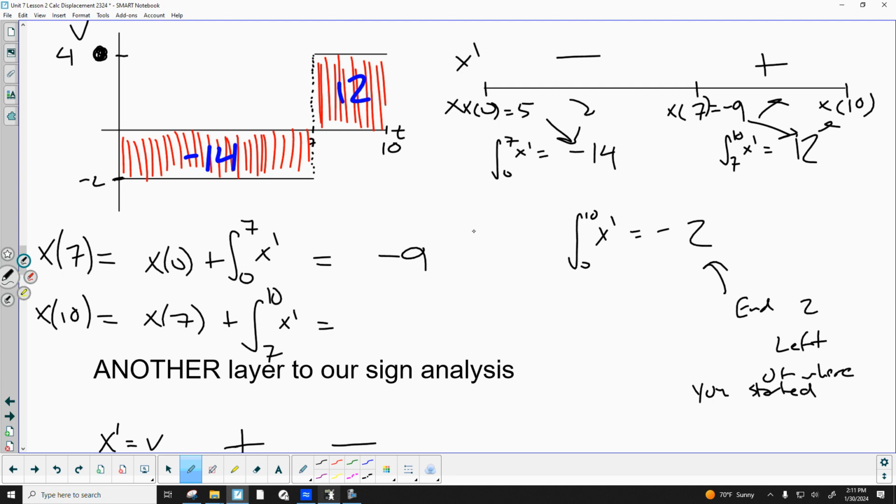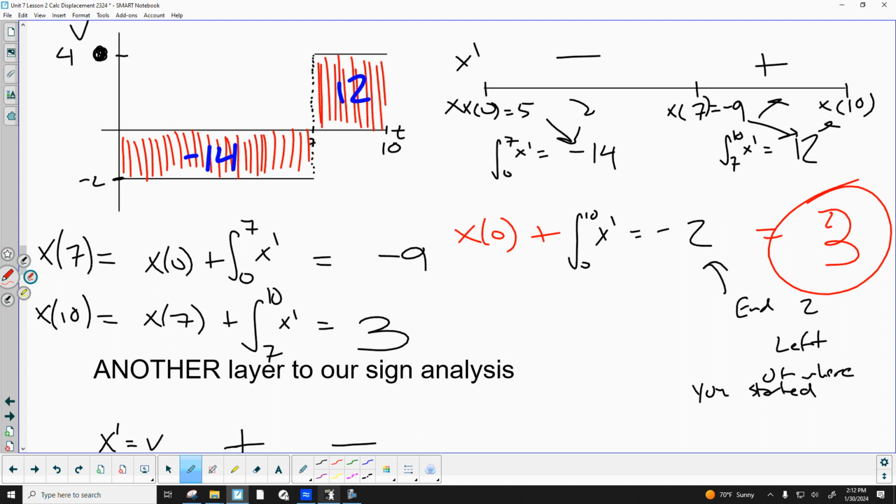Negative 9 plus 12 is 3. What you guys did is you took your value 5, your x of 0, you added negative 2 to it, and then you're like, oh, I end at a position of 3, whether it's all at once or one step along the way. The accumulation of your derivative is just a change. How much we change. You still have to know where you start.